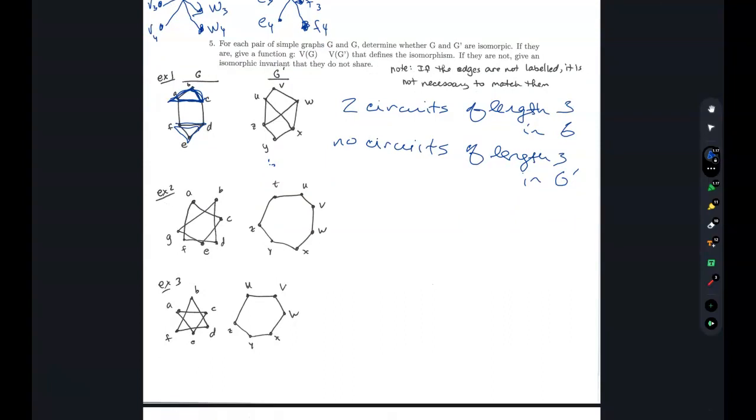Okay, how about this one? If I unfold this, because it's all connected, I think I'm just going to start from here to here.